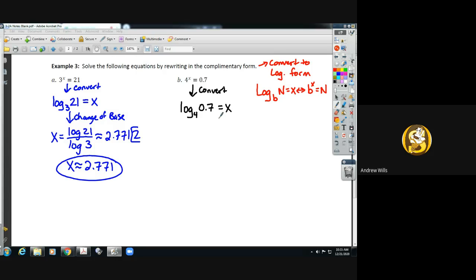Then we do the same exact thing we did on part A. Our calculator is not capable of solving that particular logarithm because it's base 4, so we have to use our change of base formula. x would equal log of 0.7 divided by the log of 4.